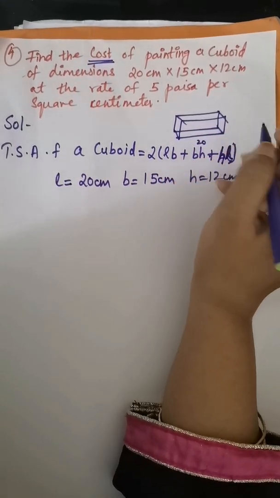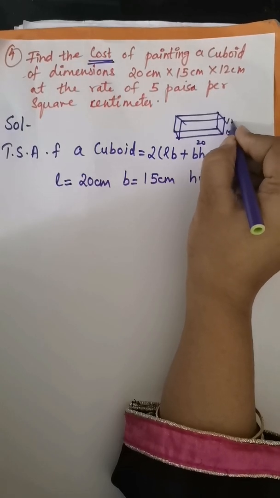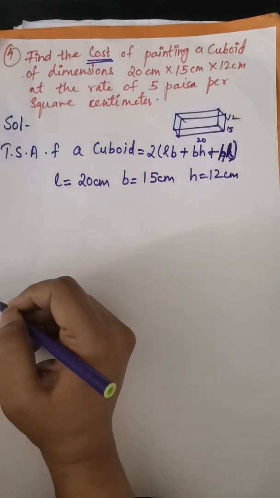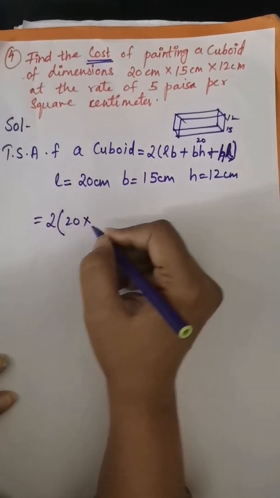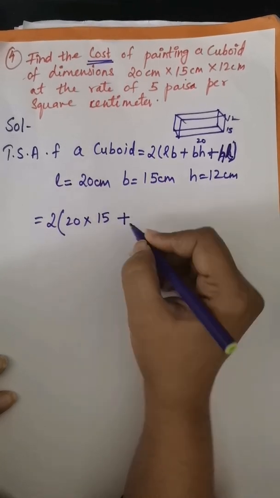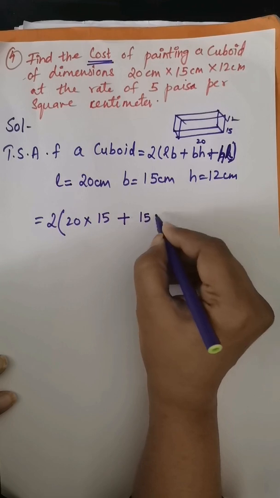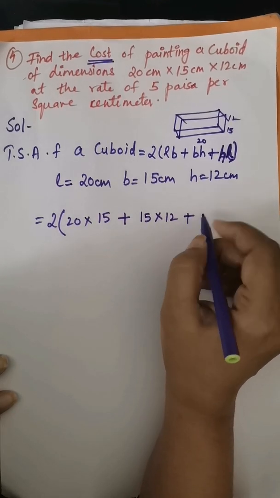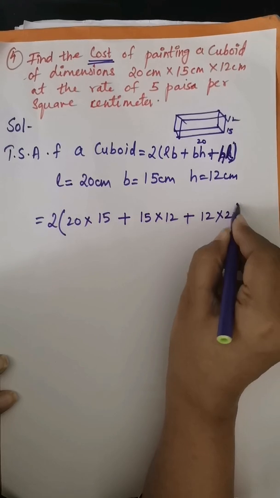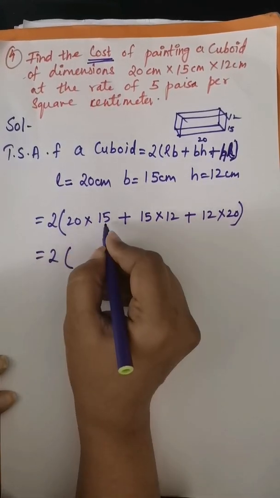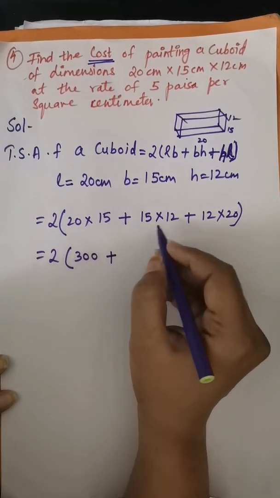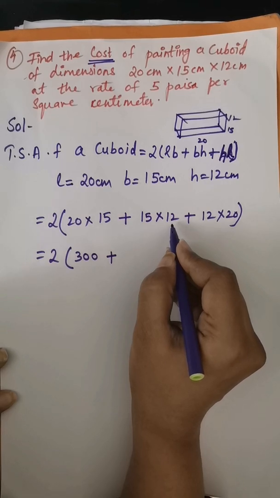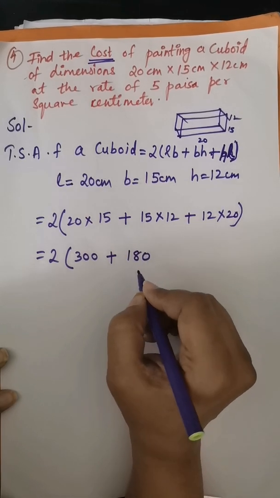So it is 2 into 20 into 15, plus 15 into 12, plus 12 into 20. 15 2s are 30 with 1 zero, plus 15 ten times will be 150. Then 30 more means it will be 180.